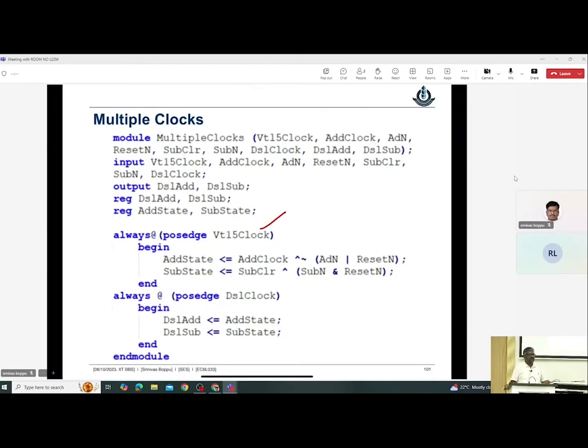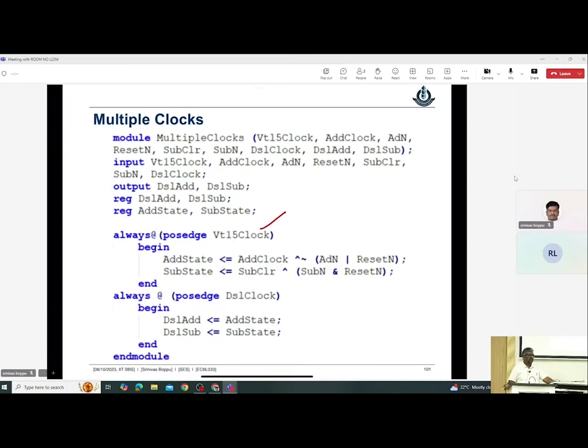That means any variable which is on the left hand side in a posedge or negedge of the clock should appear only once on the left hand side, it cannot appear on the left hand side multiple times.